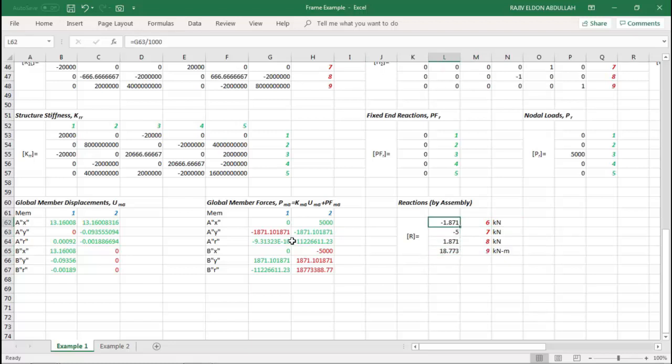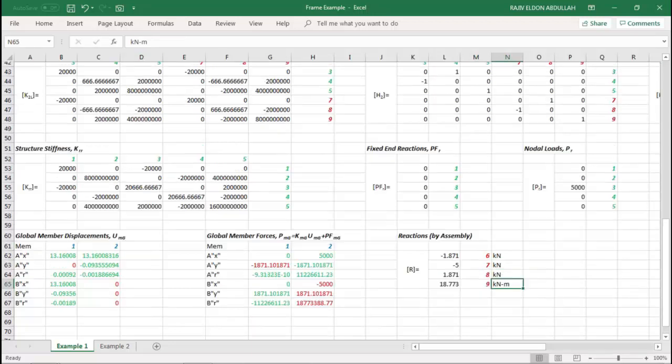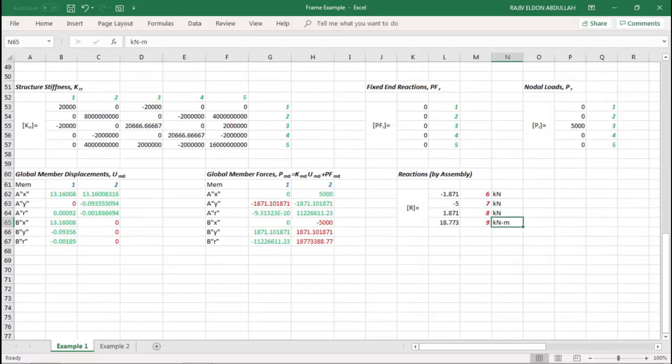So if you notice, these values would be the same with the ones in the slides. Okay, so I just divided this by 1000 so that I convert it to kilonewtons. Then this one I divide by 1000 squared, so that's in kilonewton meter.